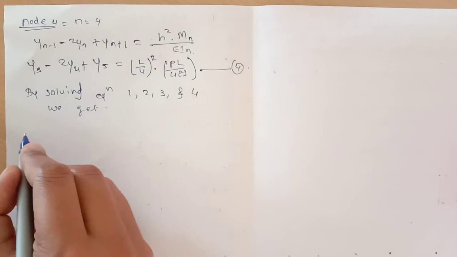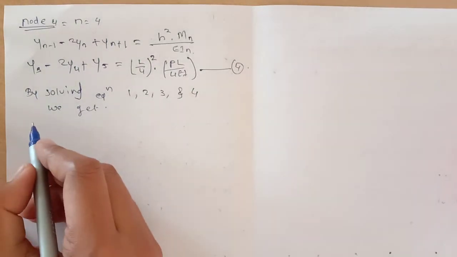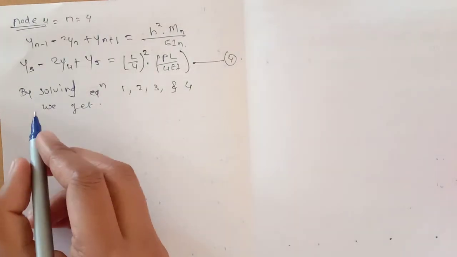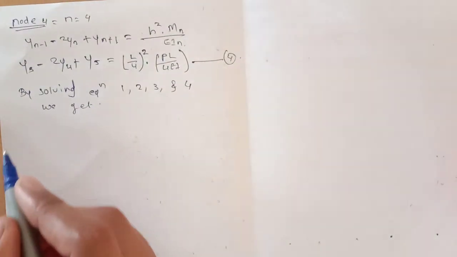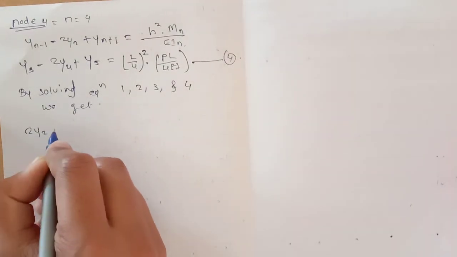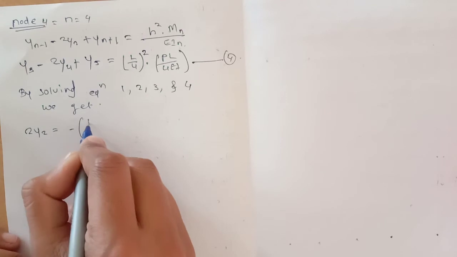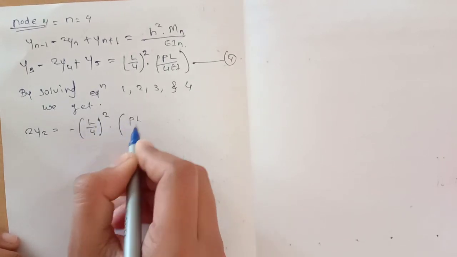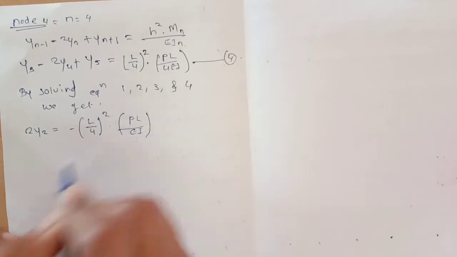So firstly we take the first equation, that is 2y2 is equal to minus L by 4 square into PL divided by EI.